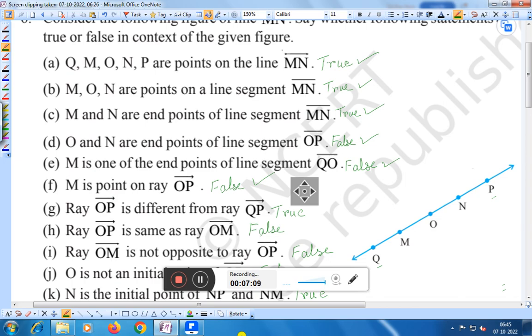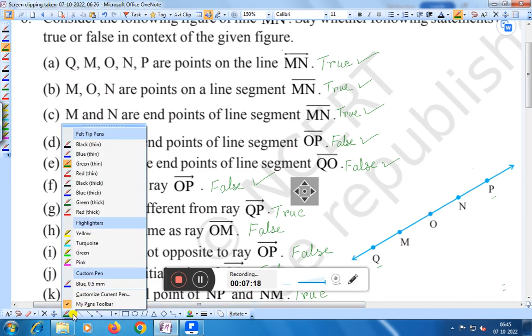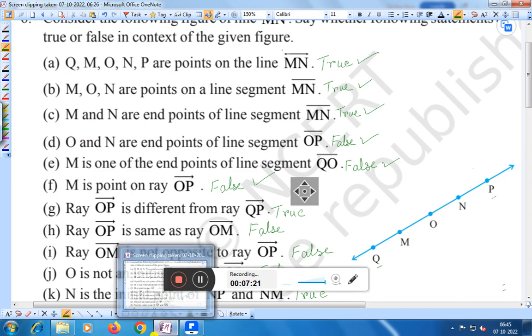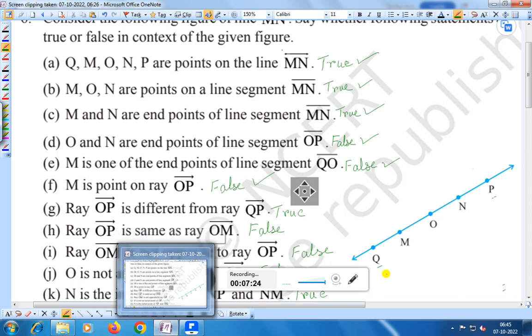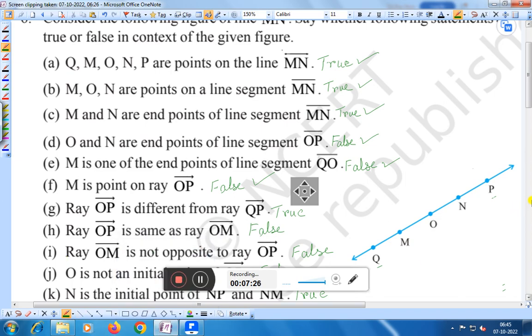Here you see I have taken. Now question number G. Ray OP is different from ray QP.